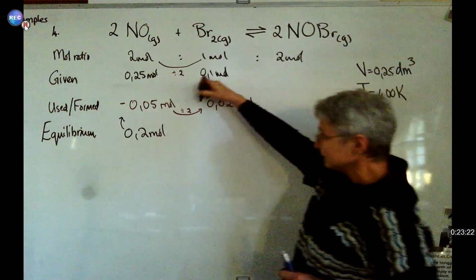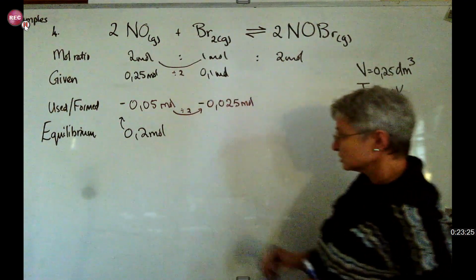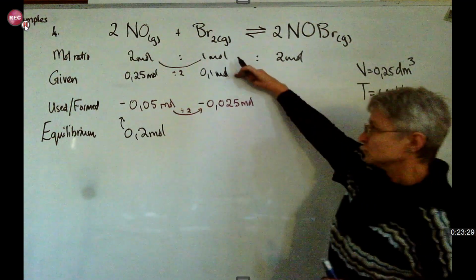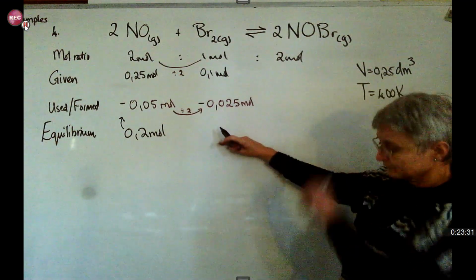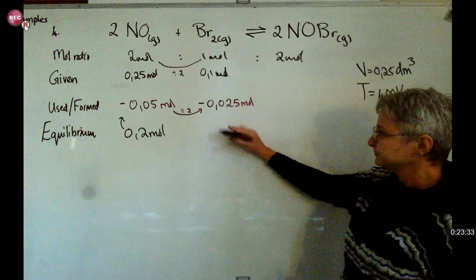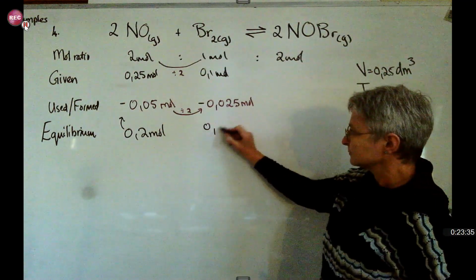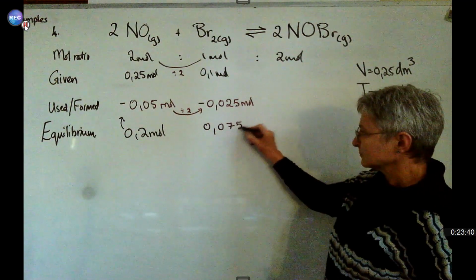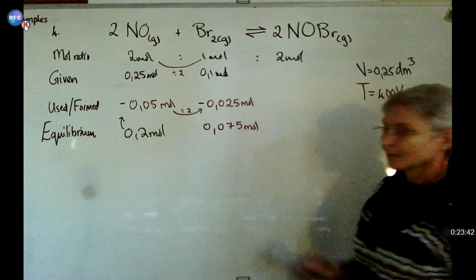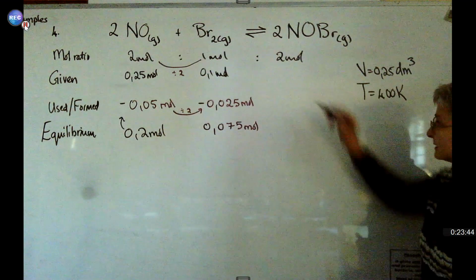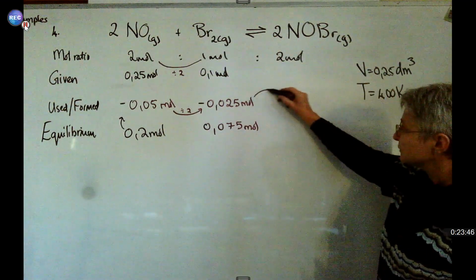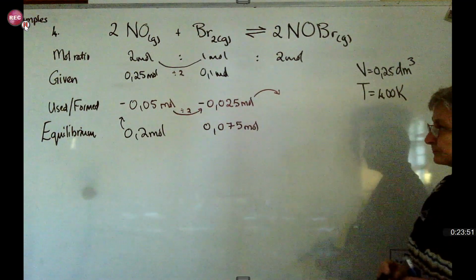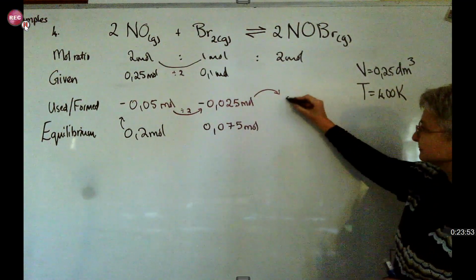Yes, that was used. So how much of the bromine that we started off with will be left at equilibrium? 0.075. Okay, and how much of the NOBr would be formed? 0.025.